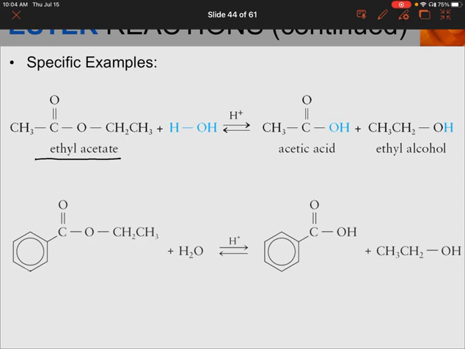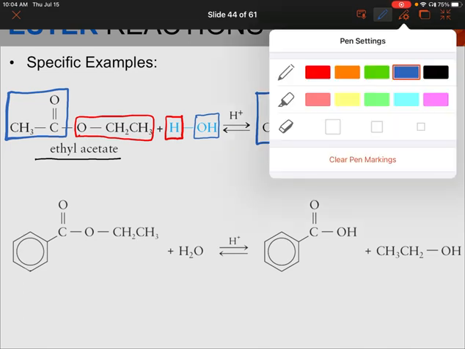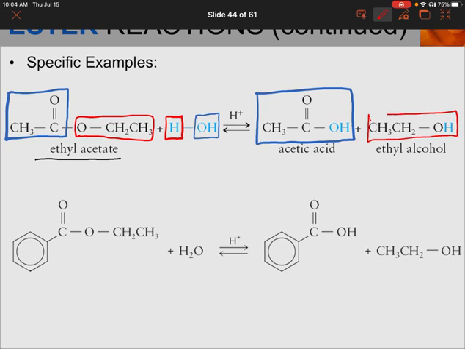What's going to happen is the alcohol component on this end is going to grab onto the hydrogen from water, and then the carbonyl group here is going to grab onto the OH from water. So then we end up with our carboxylic acid, which in this case is acetic acid, and the alcohol, which is ethanol or ethyl alcohol.